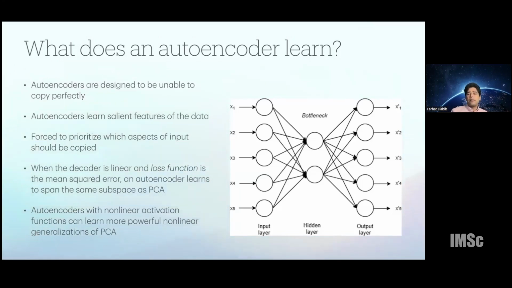In between these, you have a series of hidden layers, with a hidden layer in the middle that is a much smaller layer. As information passes through this bottleneck, the hidden layer in the middle learns a representation of the data set, the salient features of the particular data set that it has been trained on.